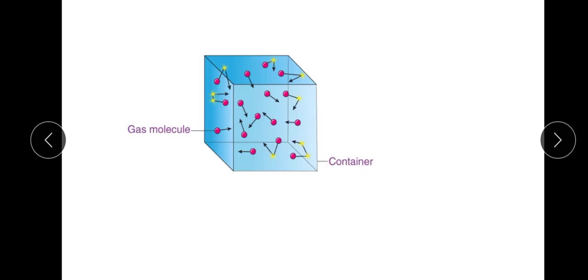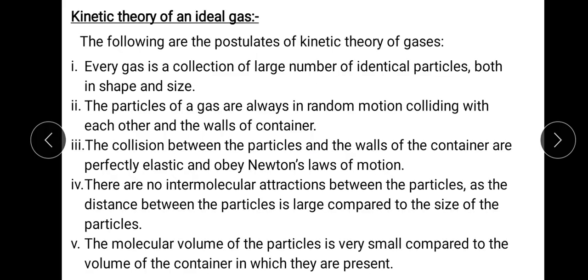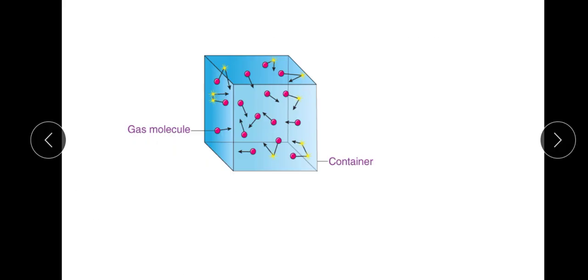In this diagram, there is a cubical container, and inside the cubical container we have filled an ideal gas. You can observe the red dots here. Those red dots are nothing but the gas molecules.